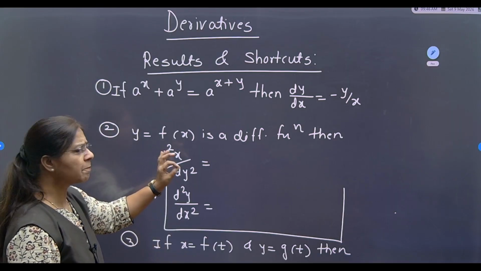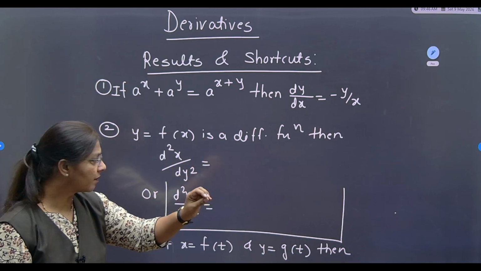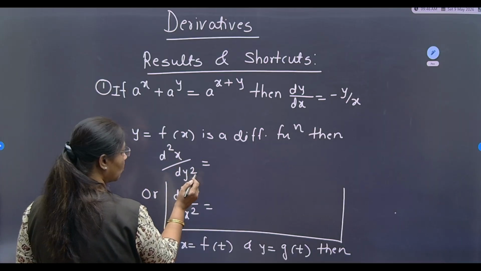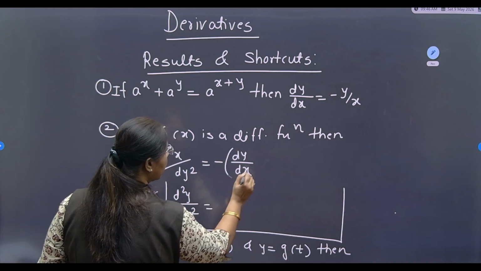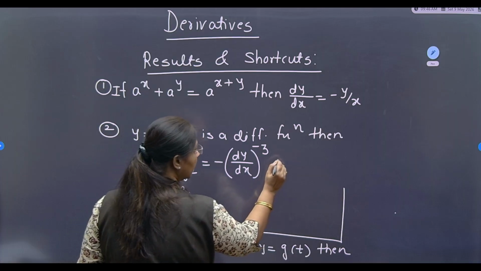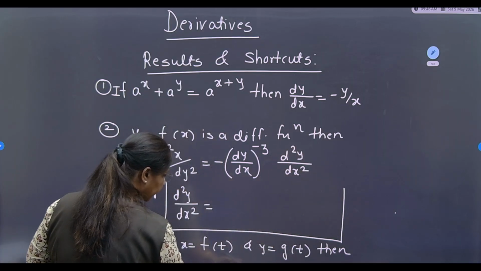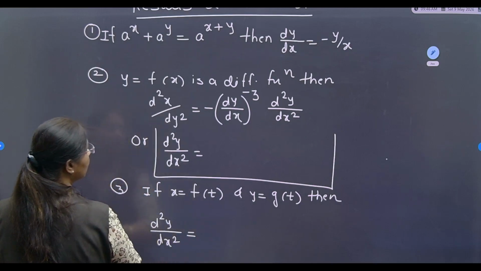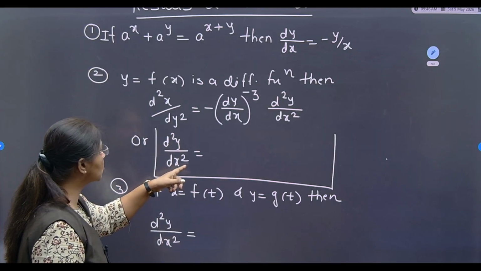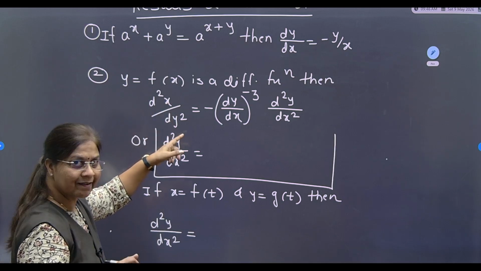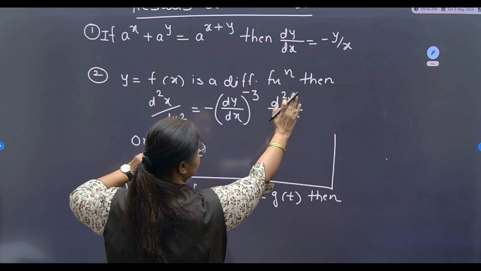Number 2, most important result: if y = f(x) is a differentiable function, then d²x/dy² = -(dy/dx)^(-3) into d²y/dx². Next, in place of d²x/dy², the question can ask for d²y/dx², and the right side is d²y/dx² as it is.